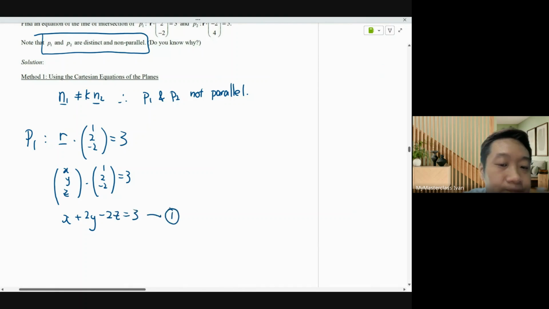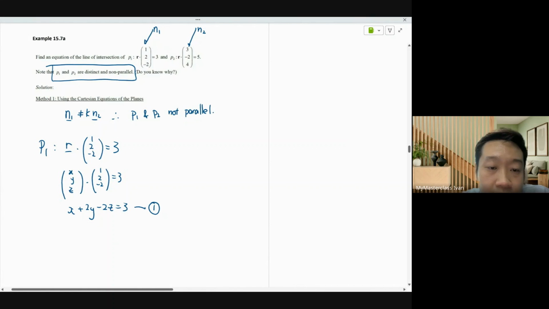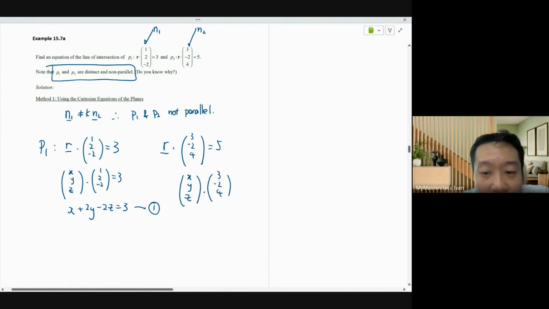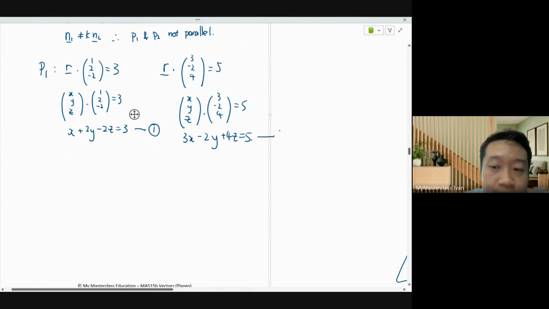This is equation 1. Next you have r dot (3, -2, 4) equals 5. So x, y, z dot (3, -2, 4) equals 5: 3x minus 2y plus 4z equals 5. That is equation 2.